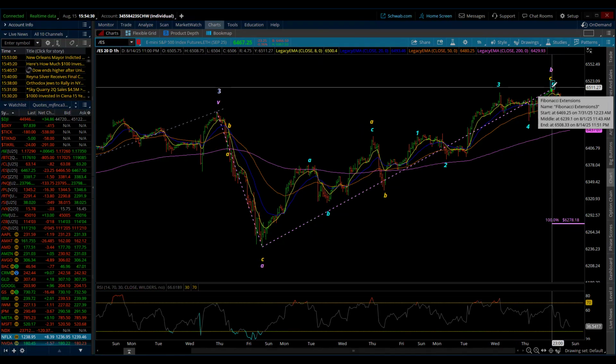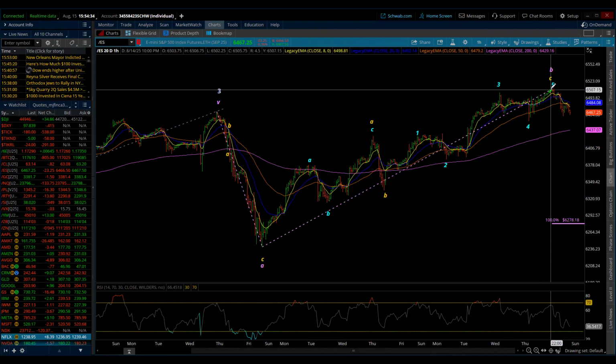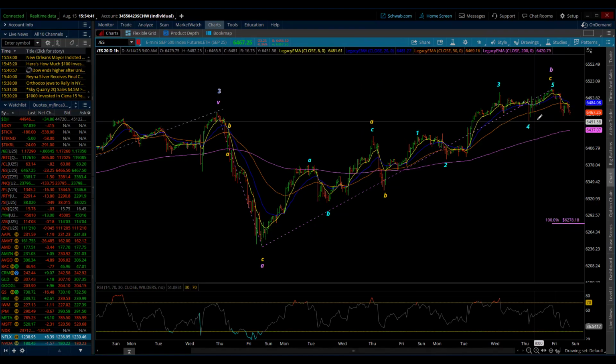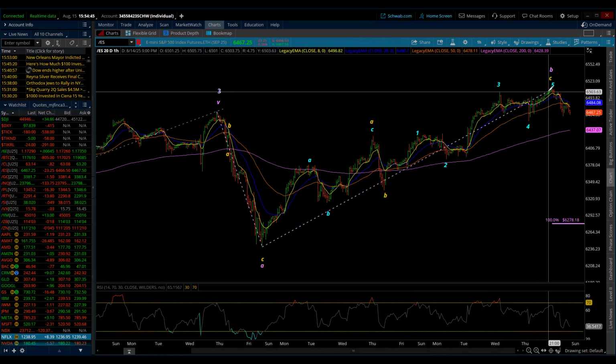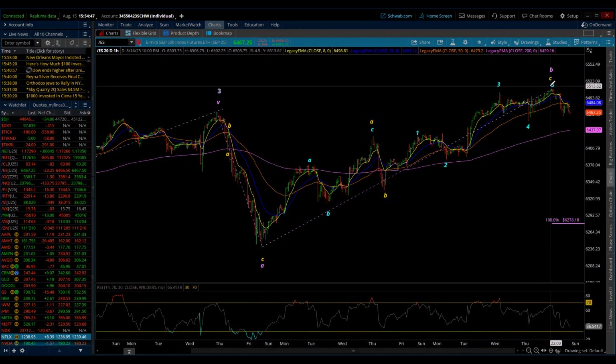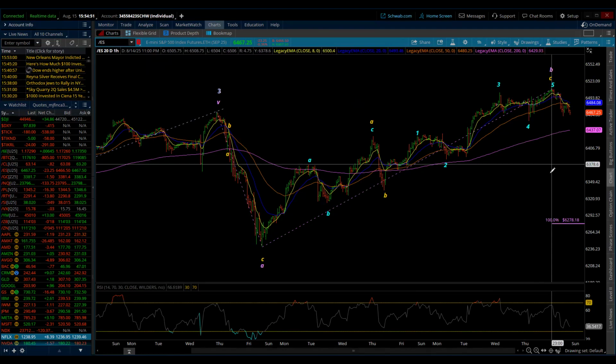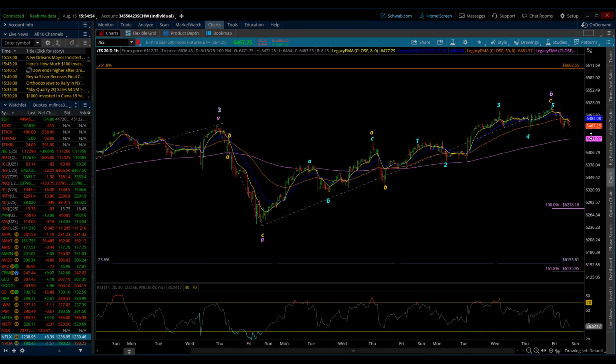I can't really tell you the reason behind it, something to hang your hat on, but it did, and therefore put in a new high, and then it gave me the opportunity for that 5th wave. This is not clean, but it is pretty vertical, and so I'm leaving it as a 5, the C and the B, and so we're starting on that C wave down now here as well.